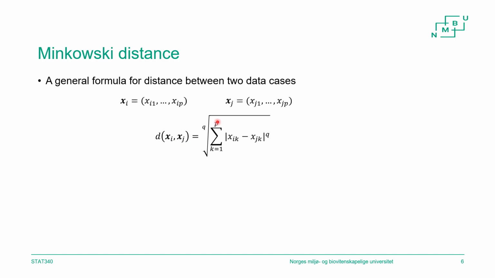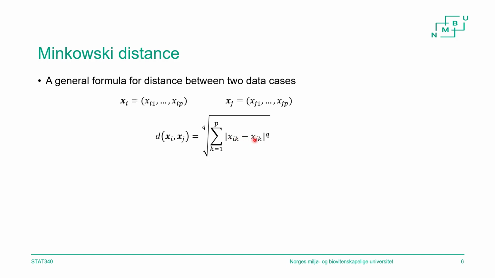And look at what we are doing inside here. First of all, this summation goes over the columns, right? Because it starts with k equals 1 to p. So we jump from column to column to column. And what do we do for each column? We take the coordinate for xi minus the coordinate for xj, and then we take the absolute value of that.